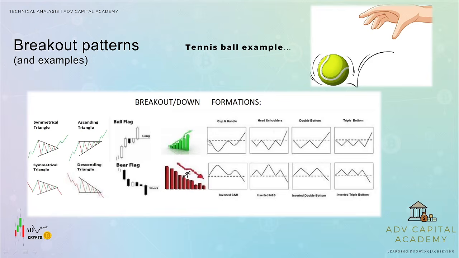This is how cup and handle are formed. We also have head and shoulders formation, double bottom, triple bottom, and some other formations. Same principle with head and shoulders. Double bottom and triple bottom we use just for investing, not for trading. I will explain these two in the next slide.